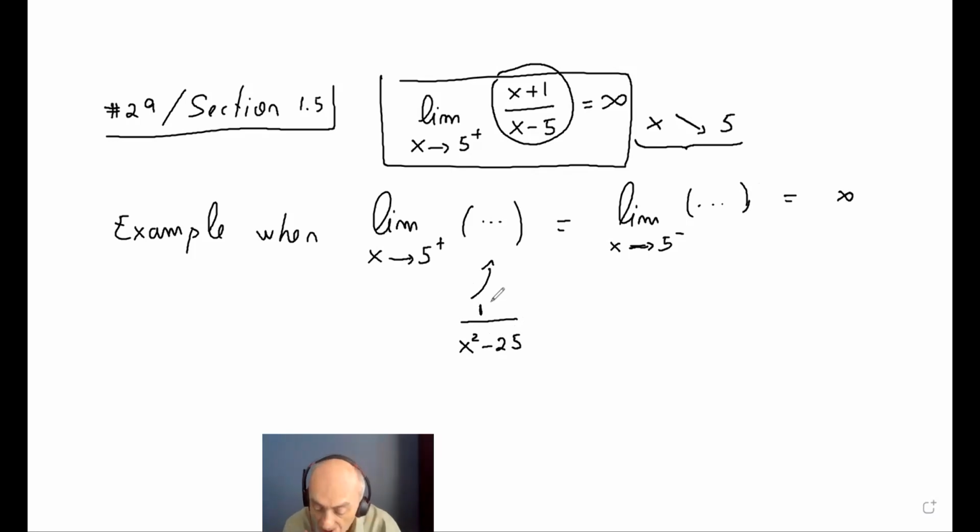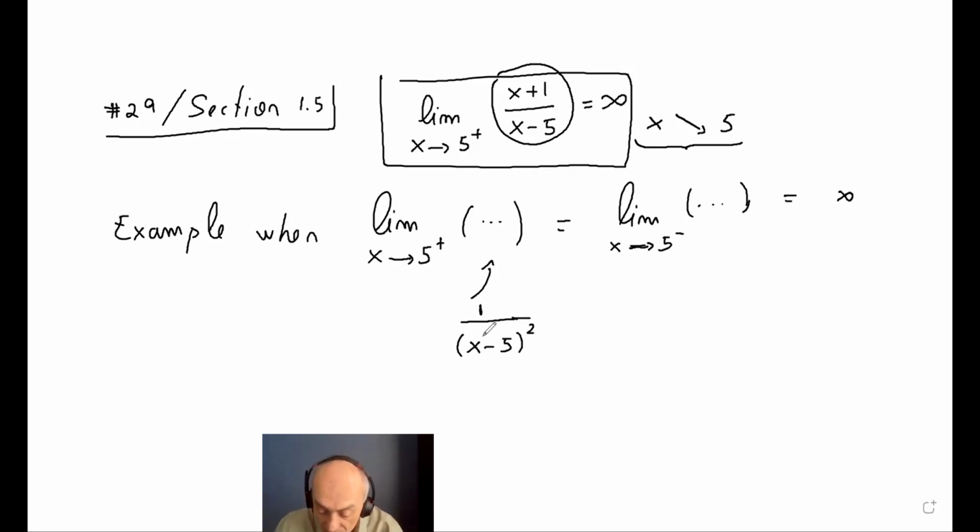No, not this one. Hang on a second. Let's change the formula. Nope, wrong formula. So this one will not have that limit that I claimed. Let's do this formula, 1 over x minus 5 squared. Apologize, folks. This one will have limit infinity when you approach from both sides.